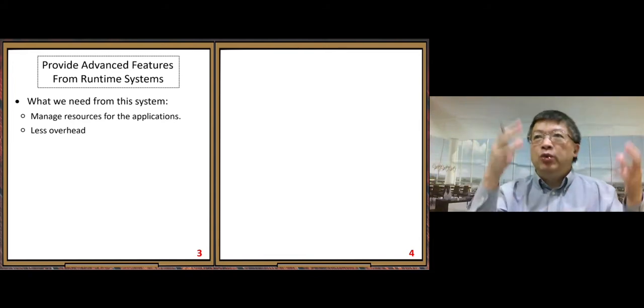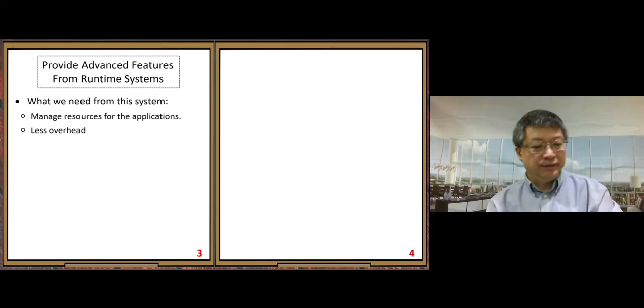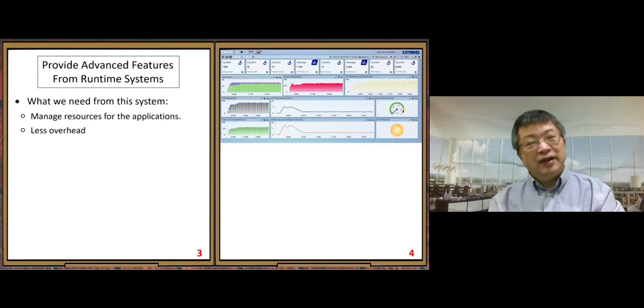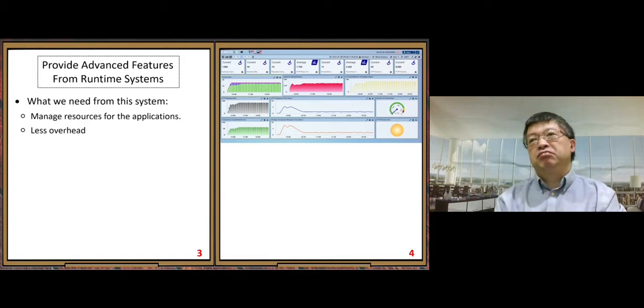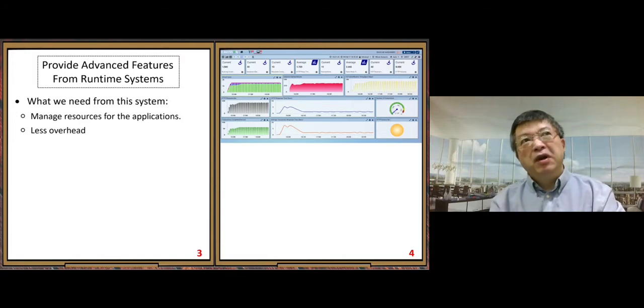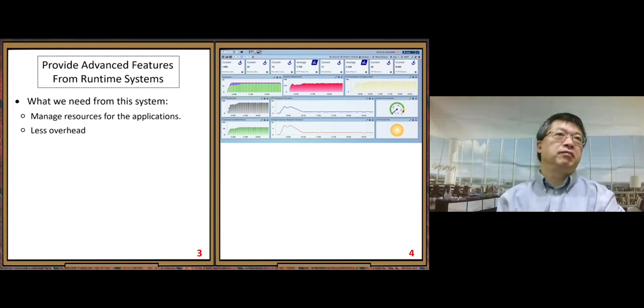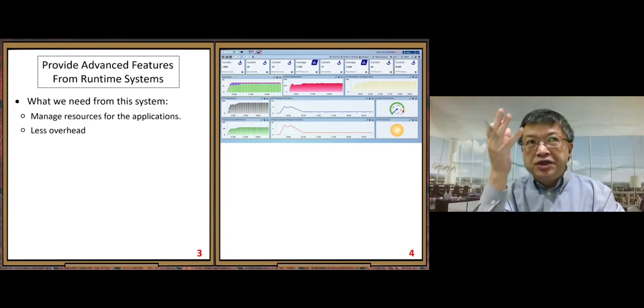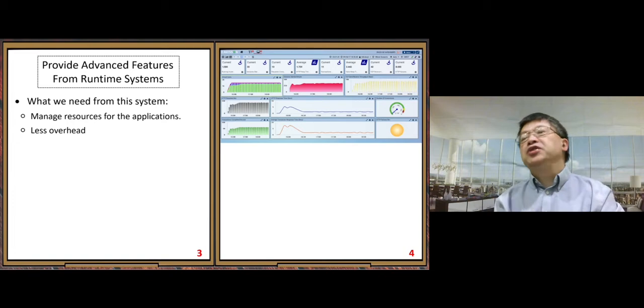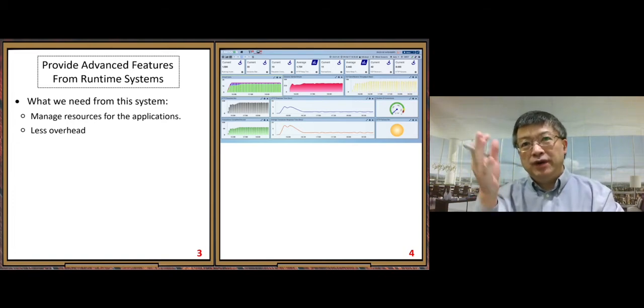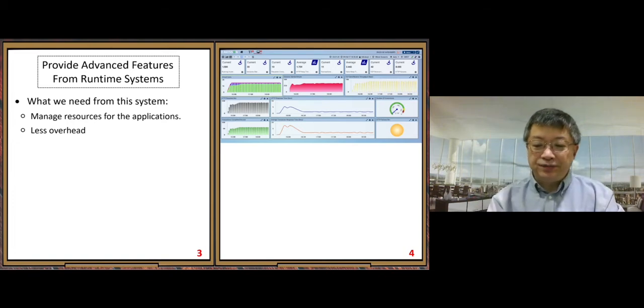In that way, it reduces the overhead. In software development, the overhead part consumes a lot of resources. So if you can find a way to reduce the overhead, you can save a lot of computation resources. So that's the overhead part.